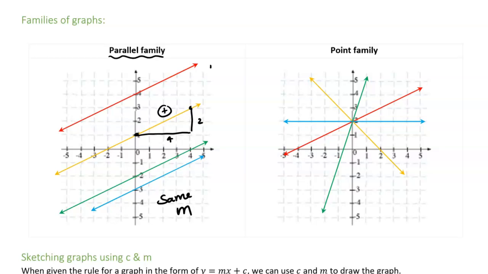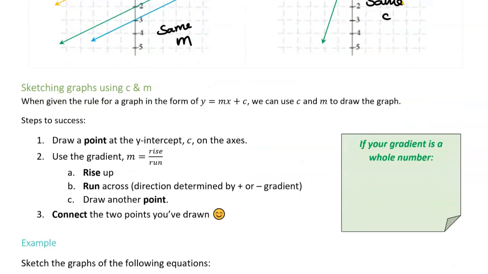So all of these happen to have a gradient of positive a half, or just 1 over 2, because that's 2 over 4 simplified. Now in this set of graphs over here, they all have the same y-intercept. Same c. So they all have a y-intercept of 2. So lines can have different things in common. Perhaps they have the same gradient, or maybe they have the same y-intercept.